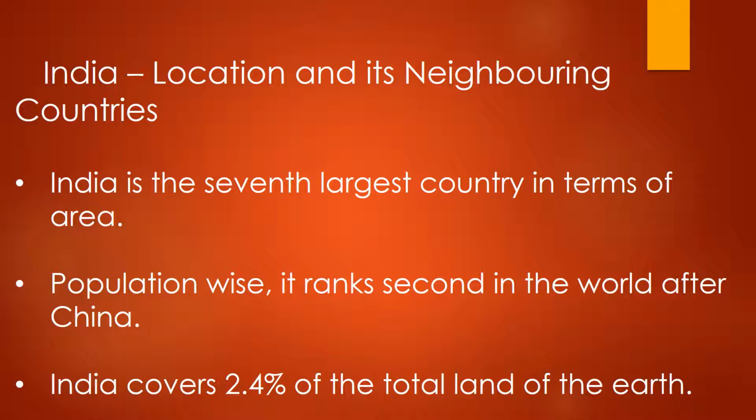India is the 7th largest country in the world in terms of area. Russia is the first largest country in terms of area. Population wise, it ranks second in the world after China.